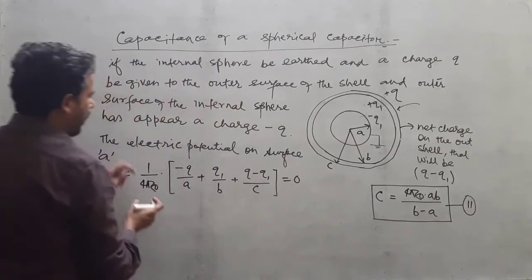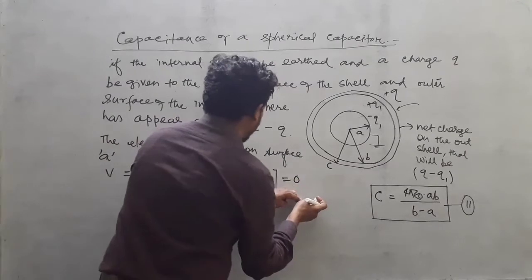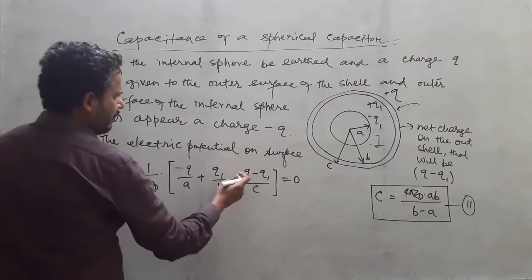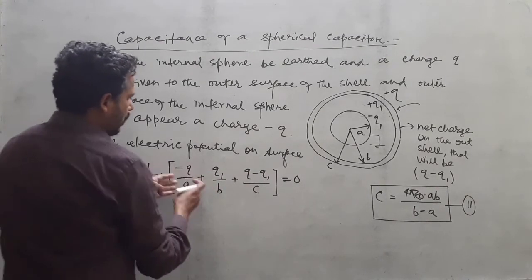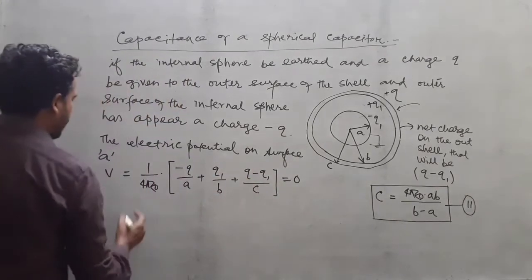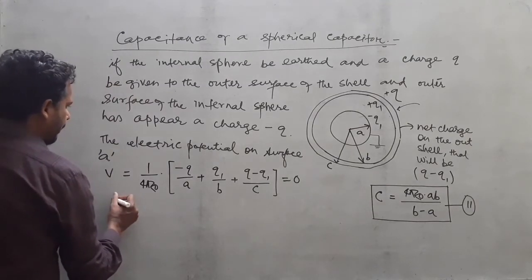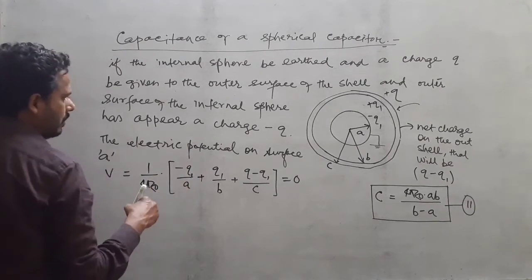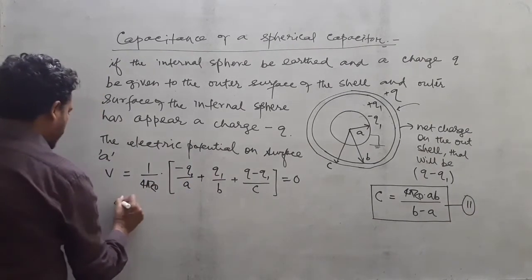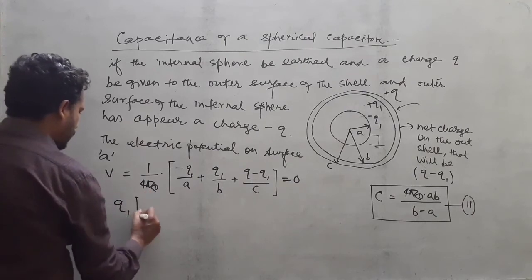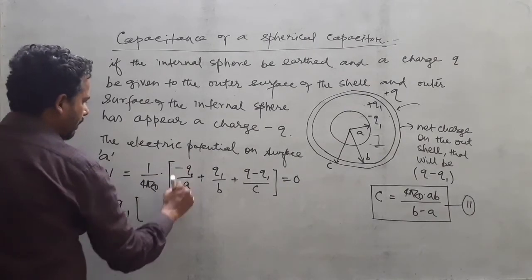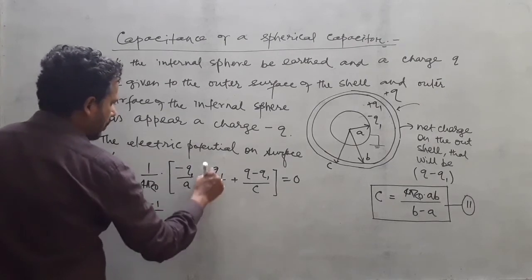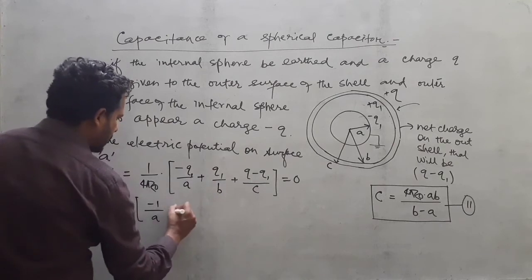Now after dividing by 1 by 4 pi epsilon naught, you just find out Q1 from here. So Q1 is equal to minus 1 by a, plus 1 by b.